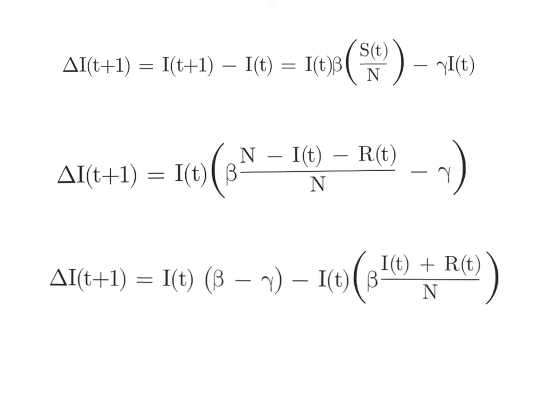Notice a couple of things to start off with. Suppose that we had N infinite, an infinitely large population. Well, the N down here, that term would disappear. So we would just simply end up in that situation with our exponential growth part of the equation.